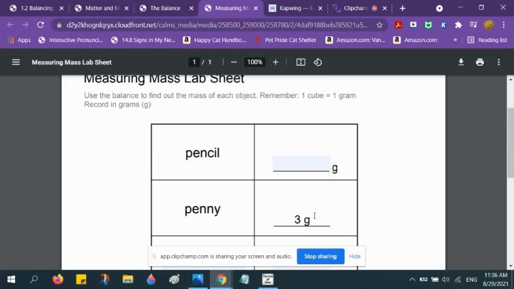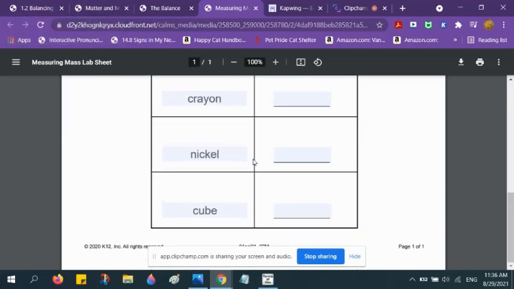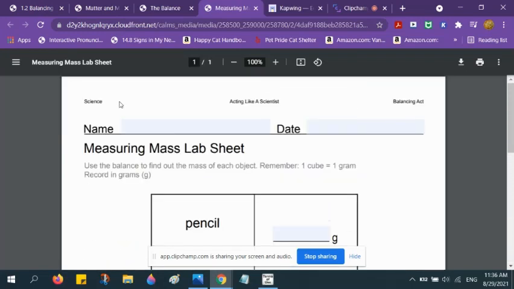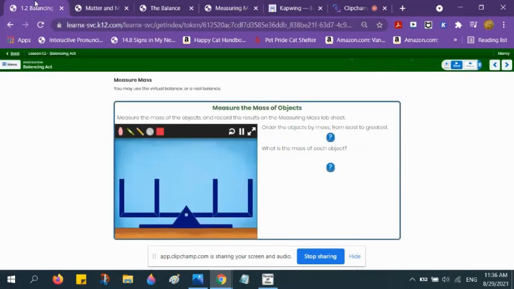So G, and then ram. So RAM is ram. And gram. There. Now let's do the rest of the experiment to fill out this entire lab activity sheet. We're going to be using the balance to find out the mass of each object. So let's see how we do that.